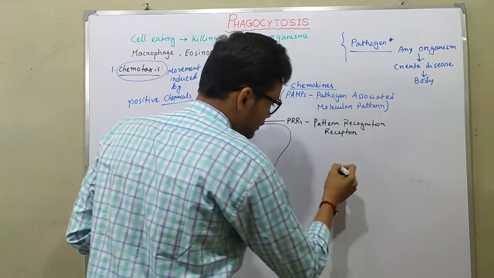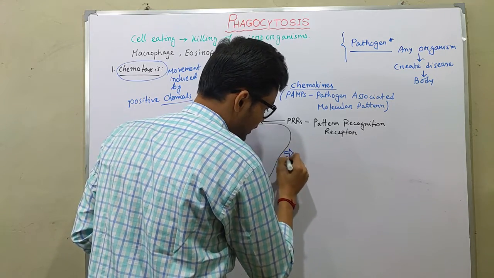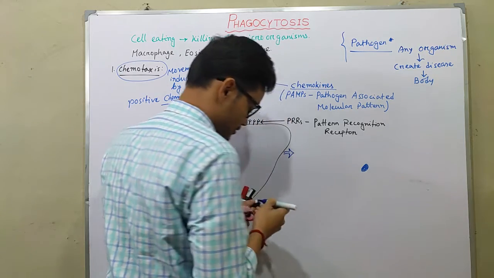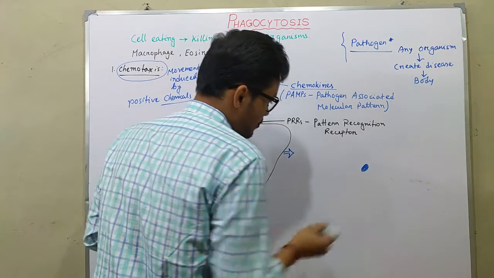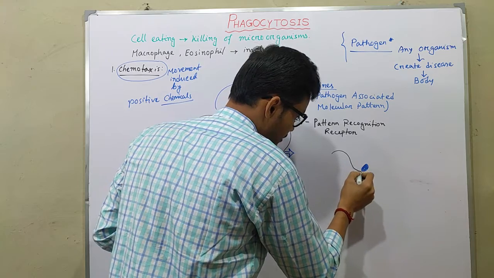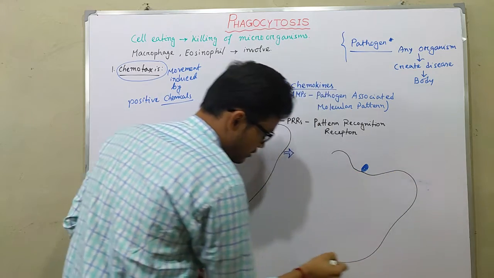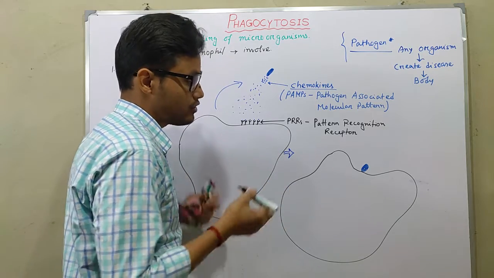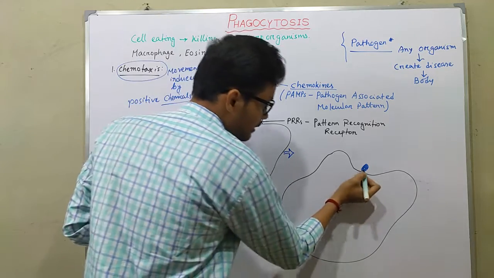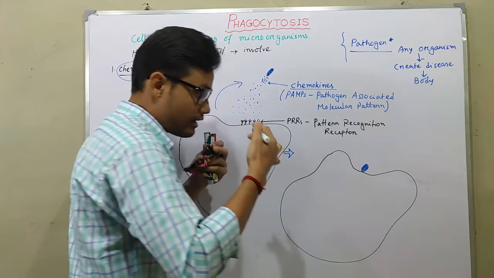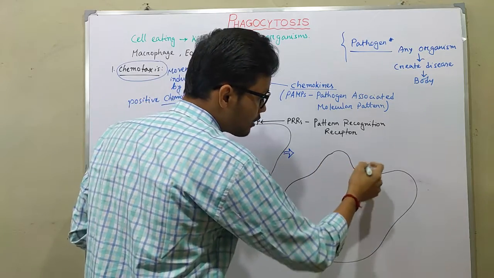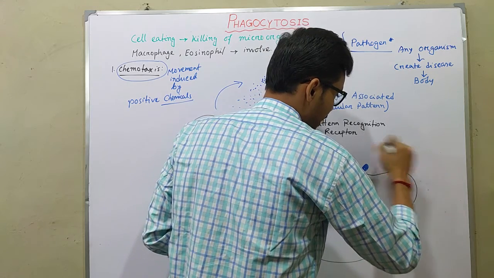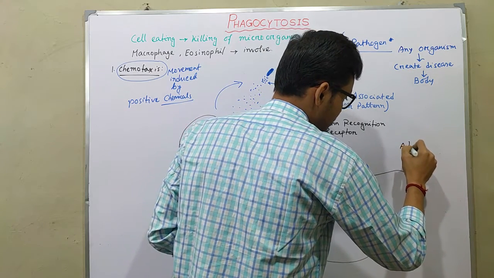So in our next step, this is the pathogen, and the macrophage comes closer to that particular pathogen or microorganism and touches or attaches with it, and this process is known as adherence.